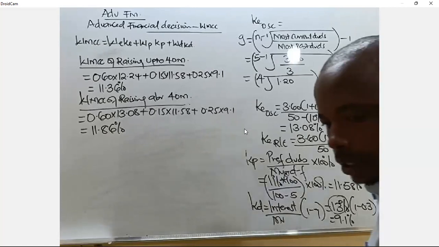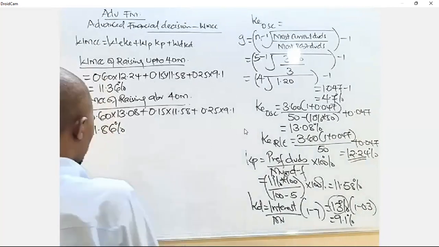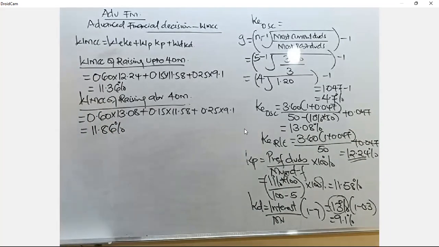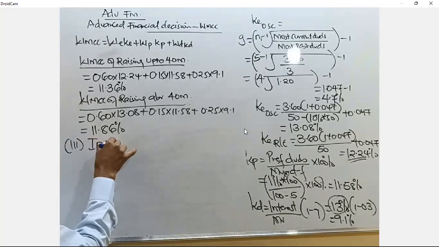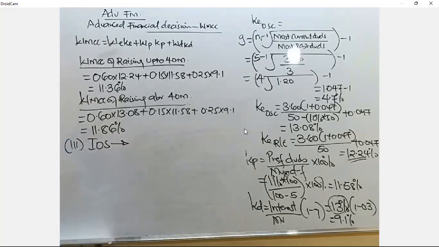Good. Okay. Now, in this case, there is a requirement number 3, which discusses the investment opportunity schedule. What does this talk about?